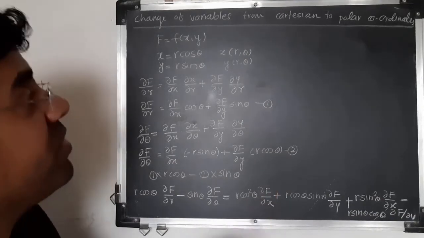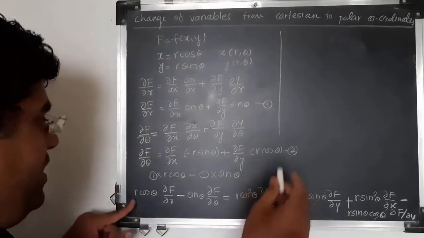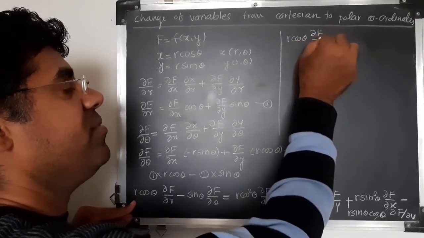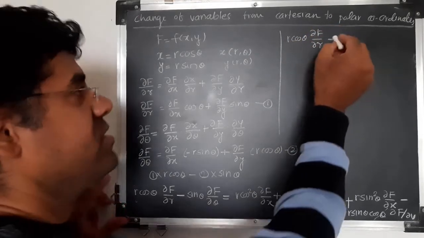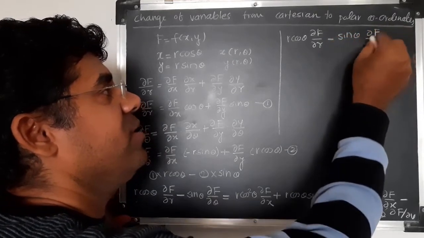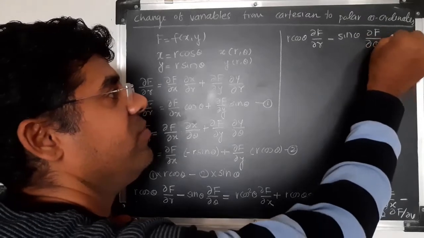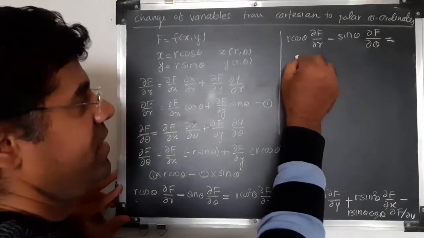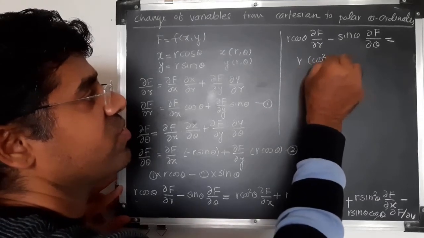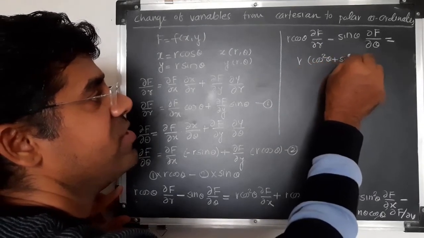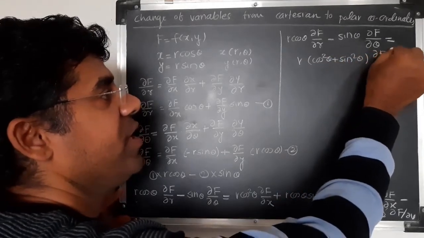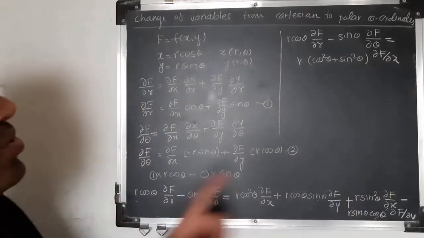So the LHS is r cos theta ∂f/∂r minus sin theta ∂f/∂theta, which is equal to, I will take r common, inside is cos square theta plus sin square theta, and outside again ∂f/∂x.